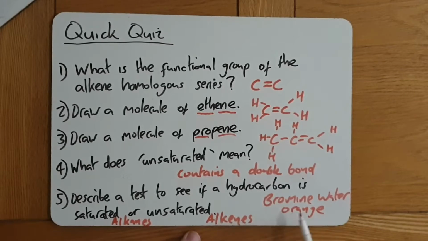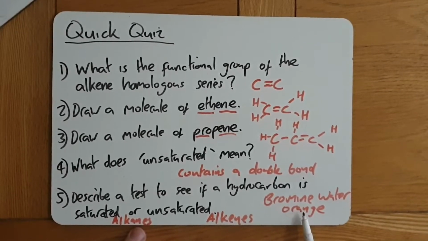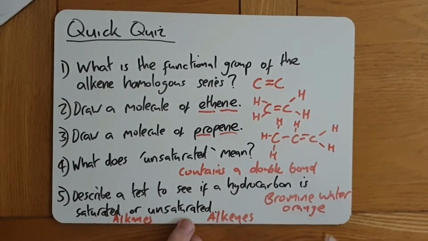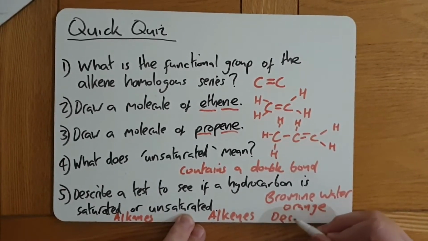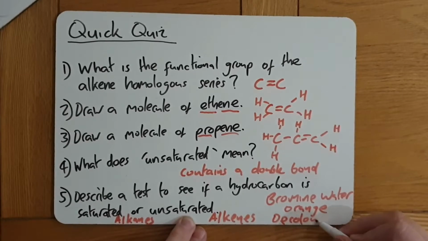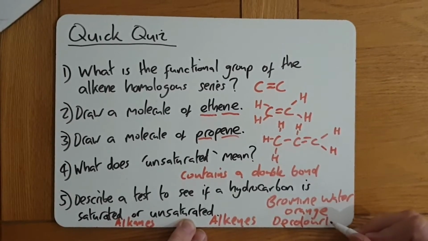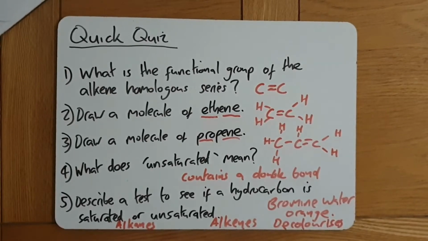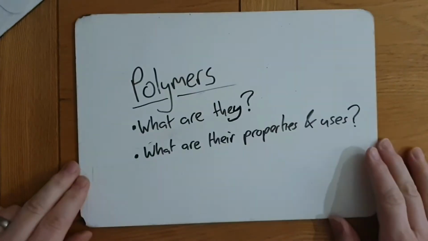No reaction. So don't write it goes orange, you don't get a mark for that. It is orange, and with alkanes it stays the same, stays orange. With alkenes, it decolorizes. Don't say it goes colorless, don't say it goes clear. It decolorizes.